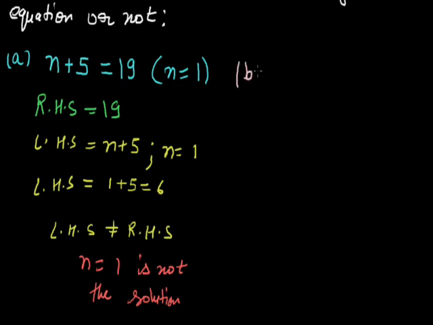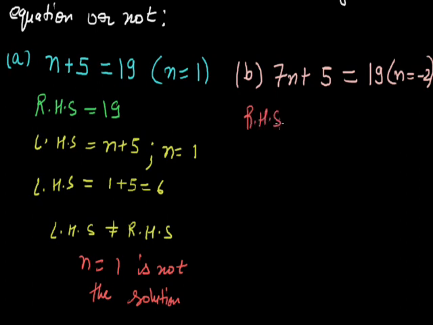Now the B part is 7n plus 5 is equal to 19 at n is equal to minus 2. Now here the right hand side of the equation is 19 and the left hand side of the equation is 7n plus 5 where n is equal to minus 2.